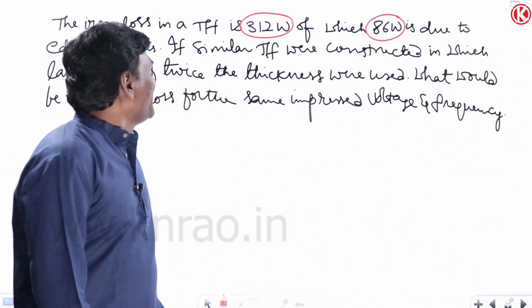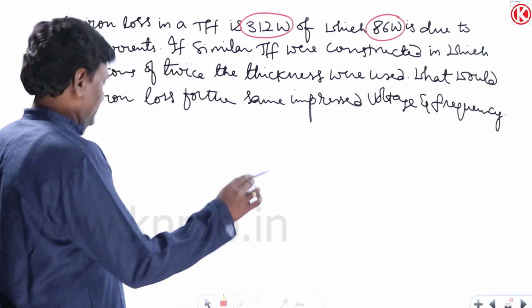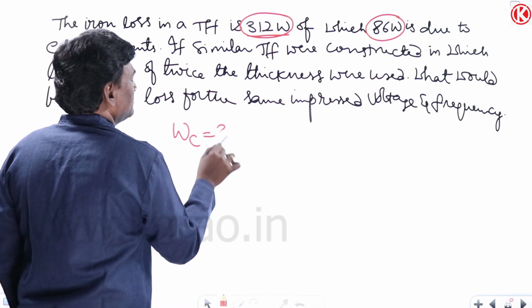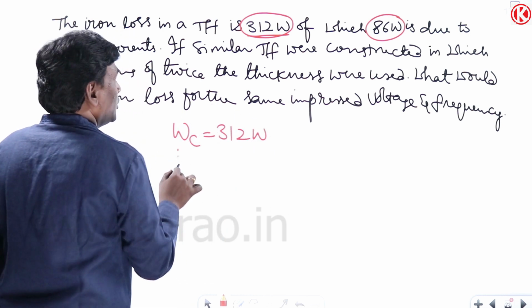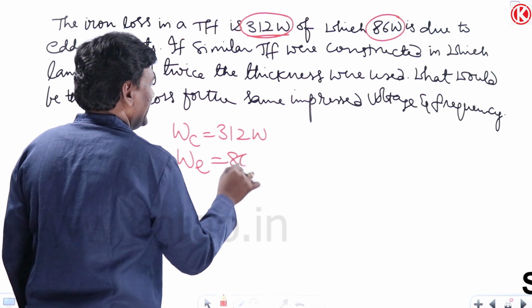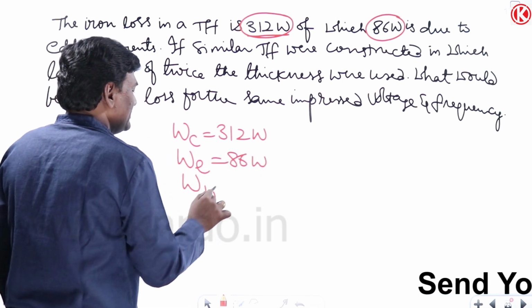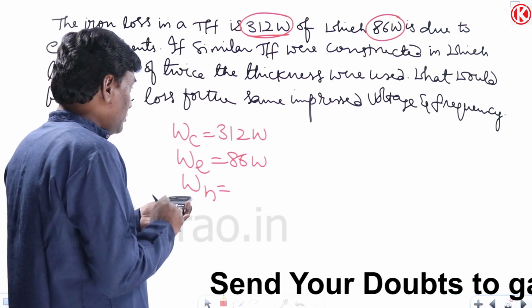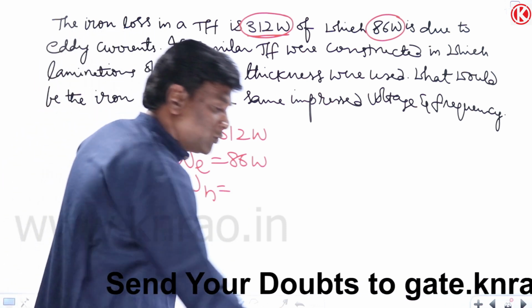Okay, so it's fine. Now the point here is, out of 312 watt, the total core loss is 312 watt, and out of which eddy current losses are 86 watt, meaning that hysteresis losses will be 312 minus 86, 226 watt.